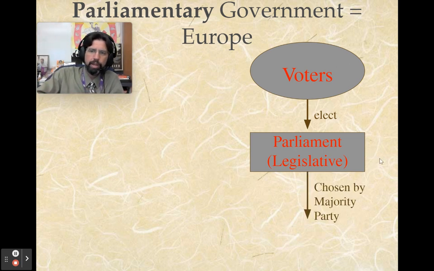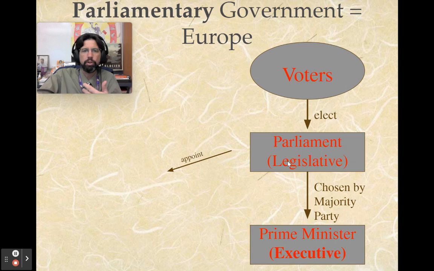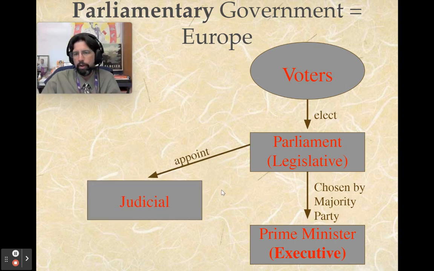Now, the majority party, whoever wins that house, they get to select who the chief executive is, and in a parliamentary government, that's called a prime minister. The parliament also gets to appoint who the judiciary is going to be.